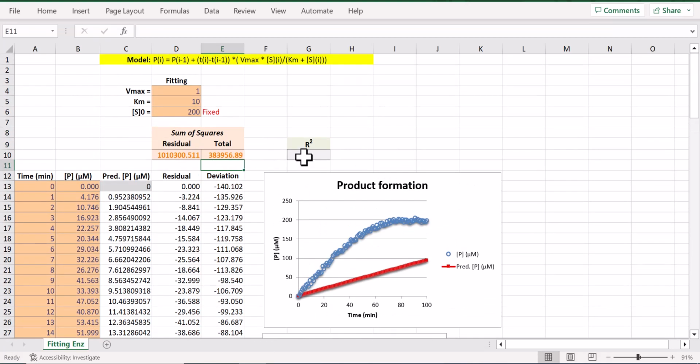And this allows us to calculate the correlation of the fitting, R squared, as 1 minus the ratio of the residual sum of squares over the total sum of squares.